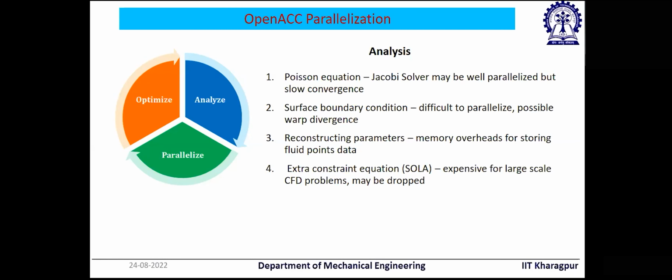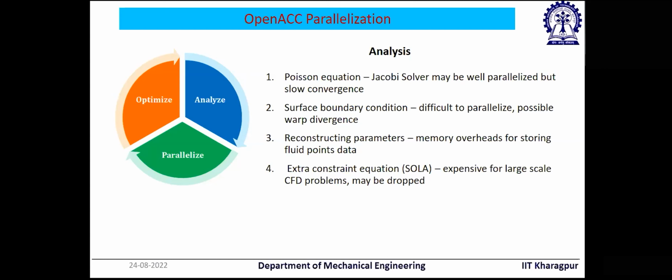If we think of building our code over a Jacobi solver, we have to make certain modifications. Applying the surface boundary condition is difficult to parallelize because we have a loop: some points are inside the fluid, for which Navier-Stokes will be solved; some points are where we have to implement surface boundary conditions, for which interpolation has to be done; and some points are inside the solid, for which some other equation has to be fitted.